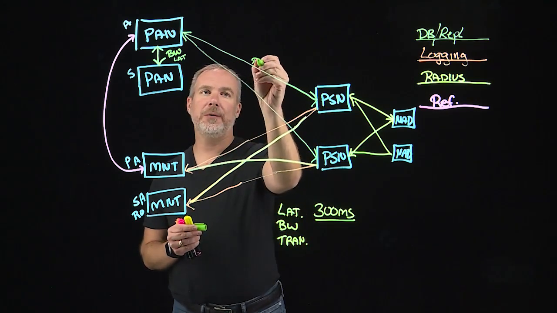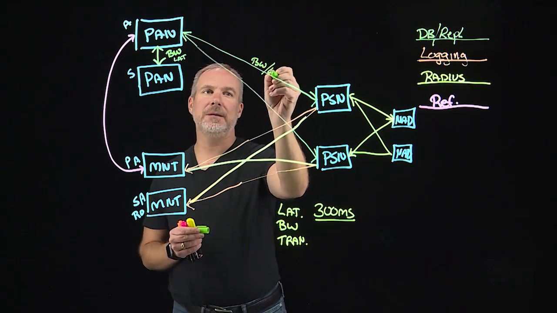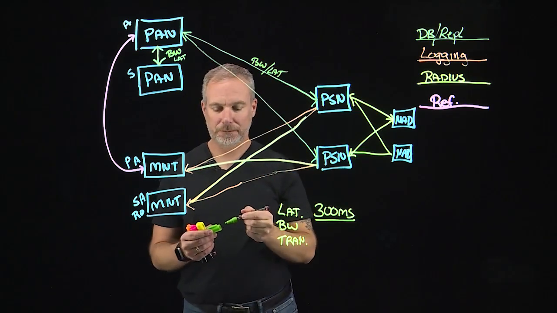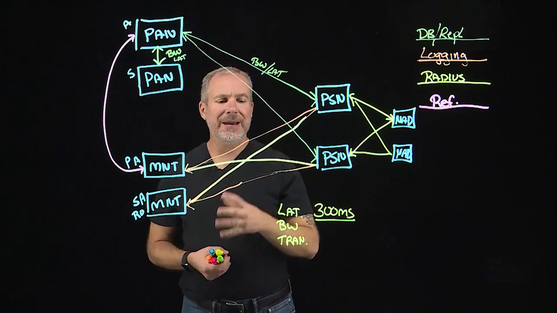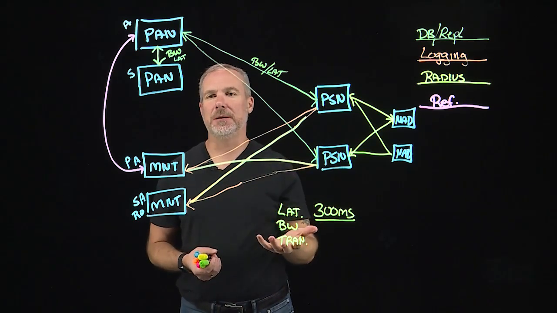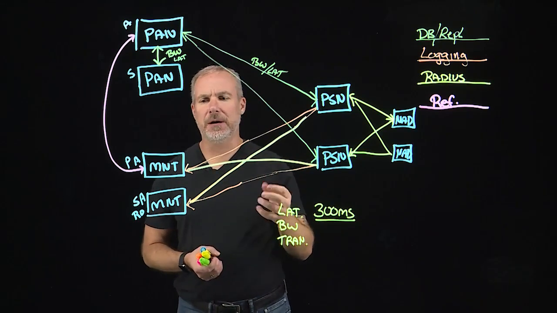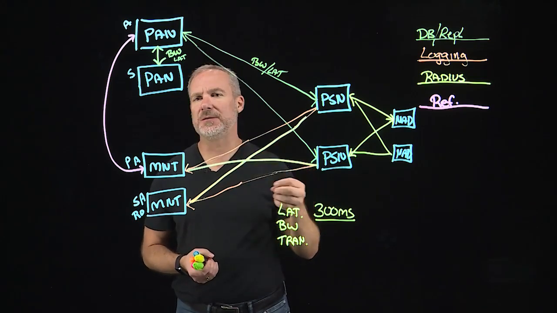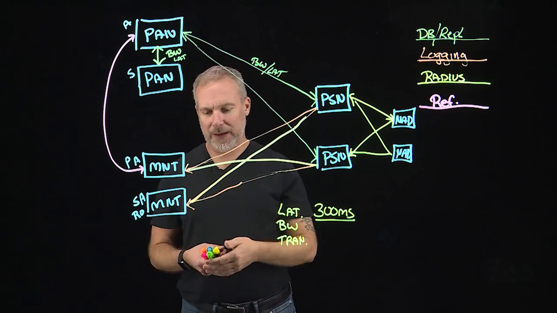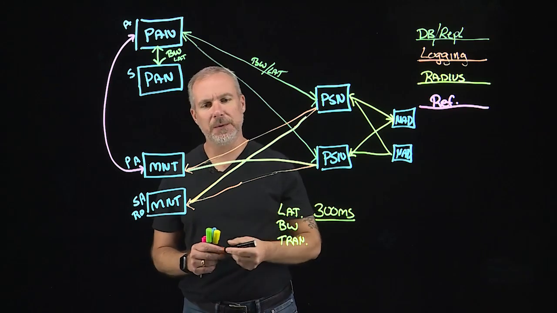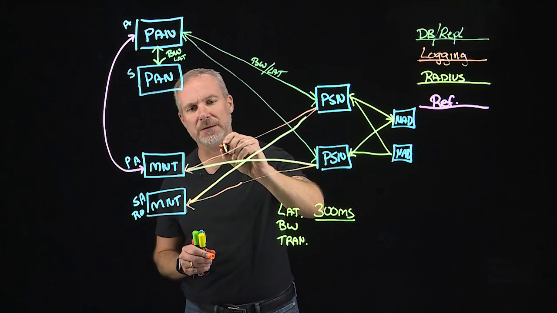So this is going to be pretty bandwidth and latency sensitive. If we look at the monitoring traffic, it's typically more transactional. So it's going to be more based on number of transactional events, RADIUS accounting, RADIUS authentications, things of that nature. So keep that in mind as well too. So this is more transactional.